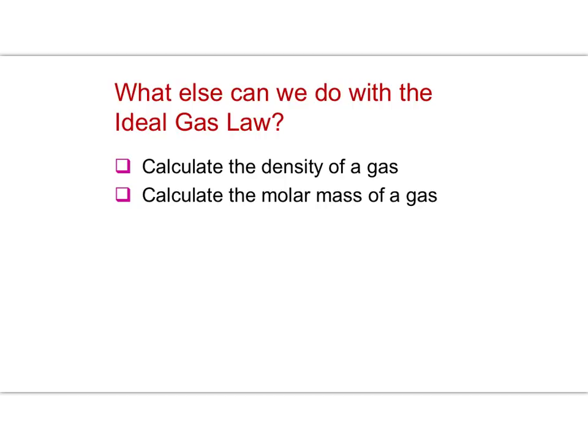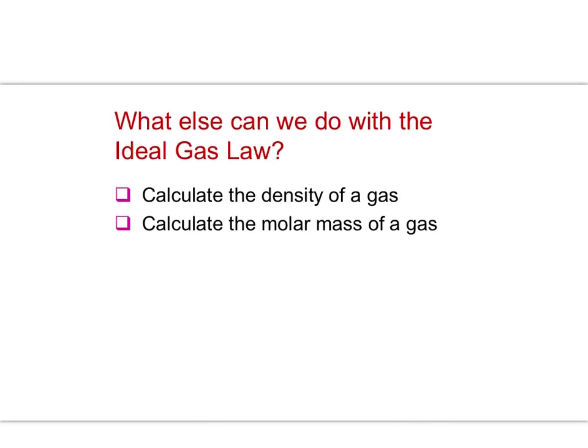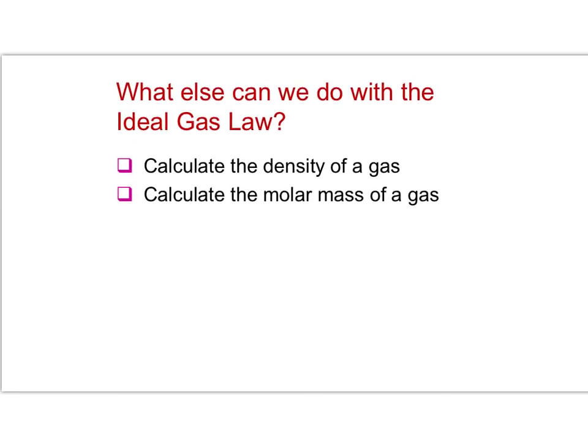What else can be done with the ideal gas law? The ideal gas law is PV = nRT. If we look at n, the number of moles, we know that the number of moles can be calculated as grams divided by the molar mass.